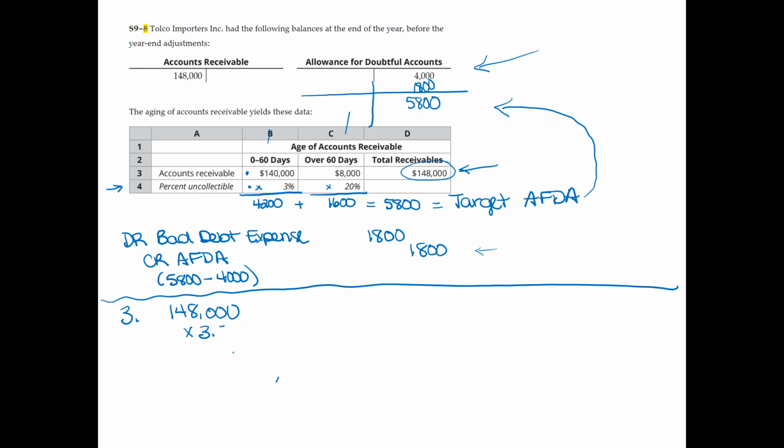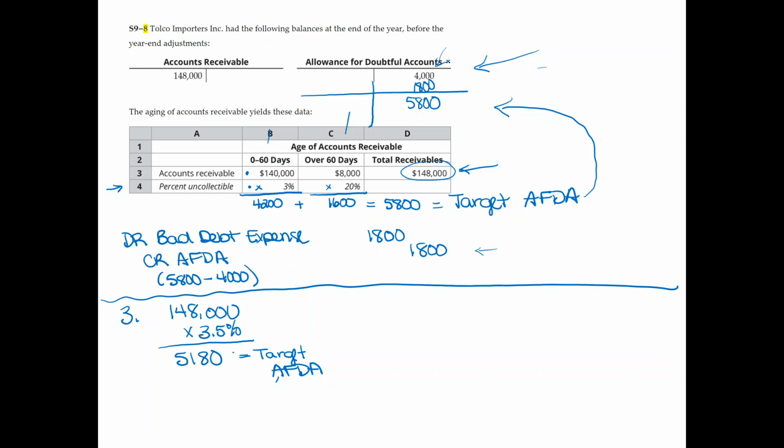So the 3.5 percentage, we apply that to the full balance. So if we multiply 148 times 3.5%, we end up with $5,180. And again, since we're using our AR balances, this is our target. So we want to get to 5,180.